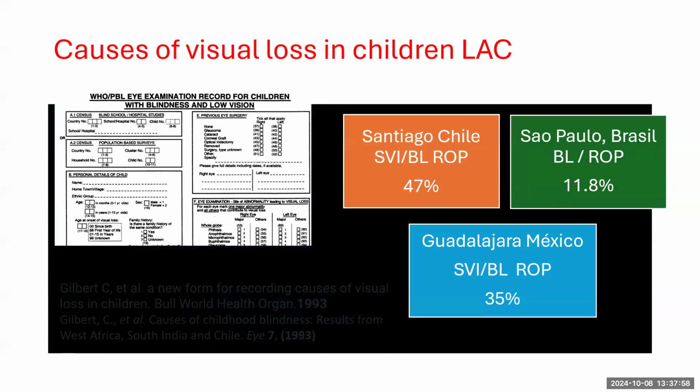The first country was Chile, where 47% was due to ROP, and then Guadalajara in Mexico, 35%, and Sao Paulo, 11%. So that means that the proportion of blind children due to ROP was extremely high. So we were alarmed, and then we started to do things to tackle the issue.